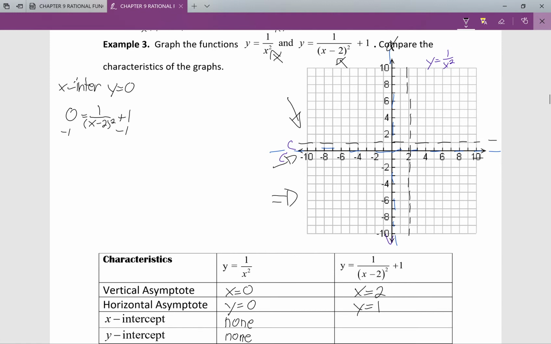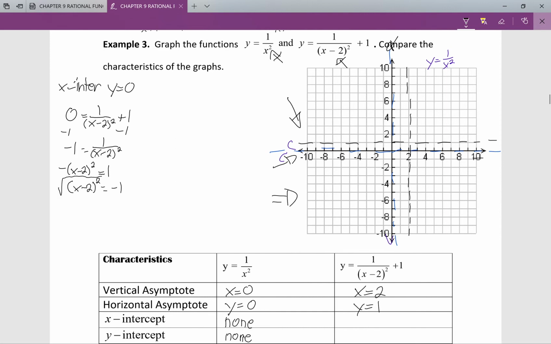I move the 1 over to the other side, and I get negative 1 equals 1 all over (x minus 2) squared. I multiply both sides by that (x minus 2) squared, and I get negative (x minus 2) squared equals 1. Then I multiply both sides by negative 1, and I get (x minus 2) squared equals negative 1.